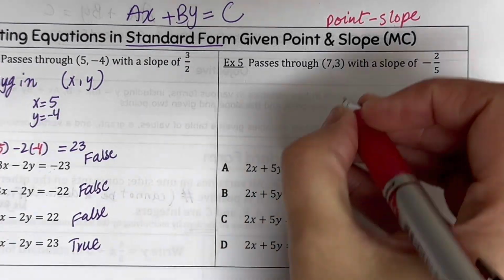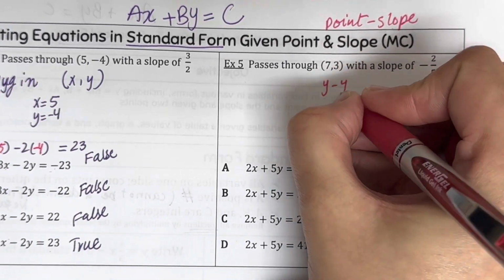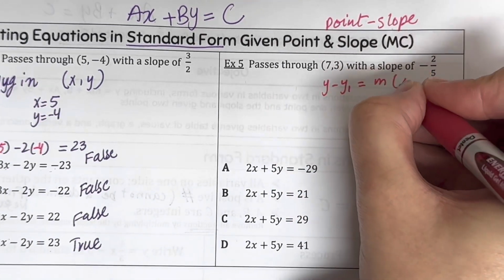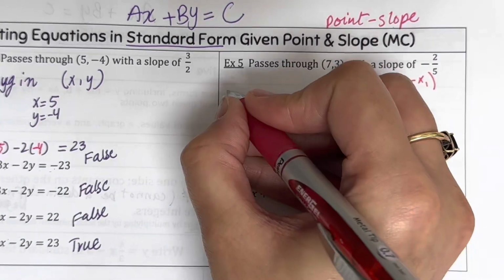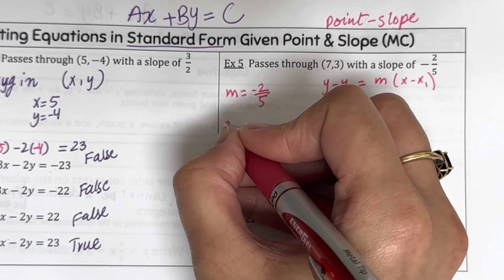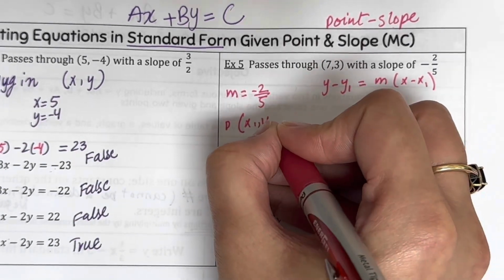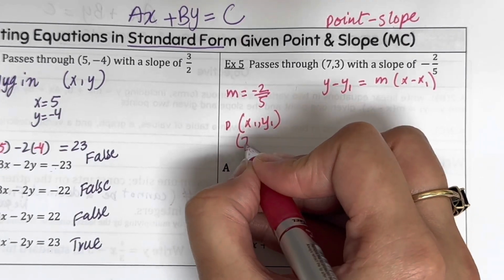So your point slope form is y minus y1 equals m times x minus x1. M is given to me as negative 2/5, and the point x1, y1 is 7,3.